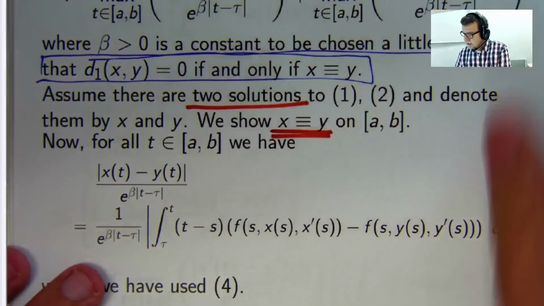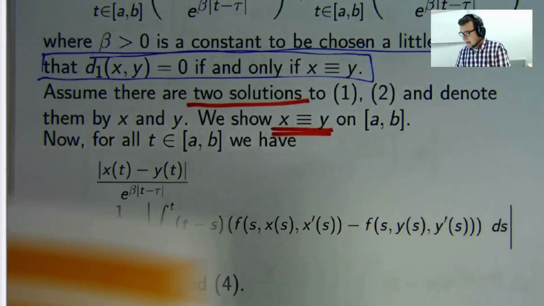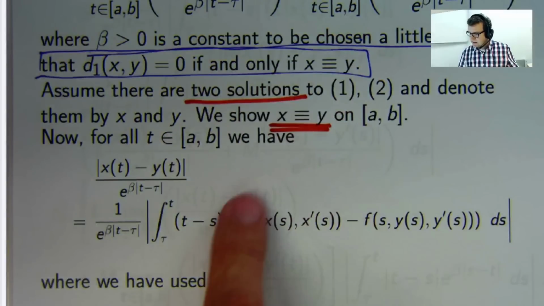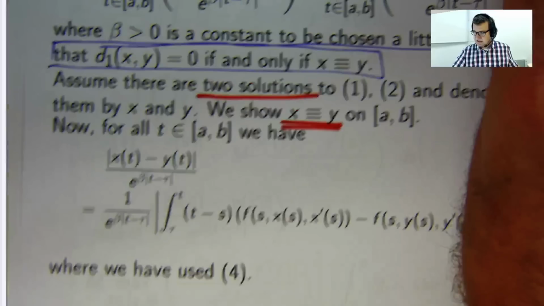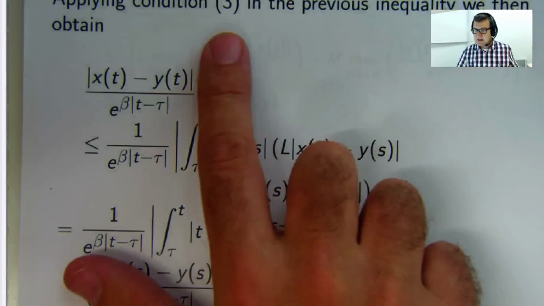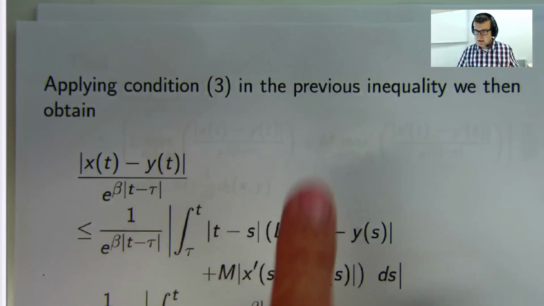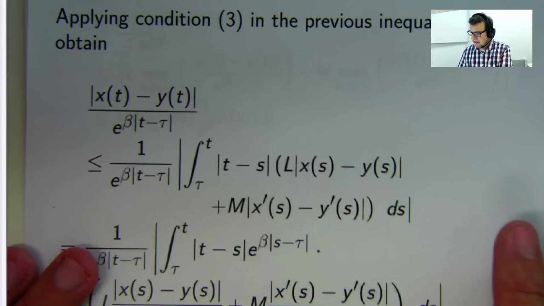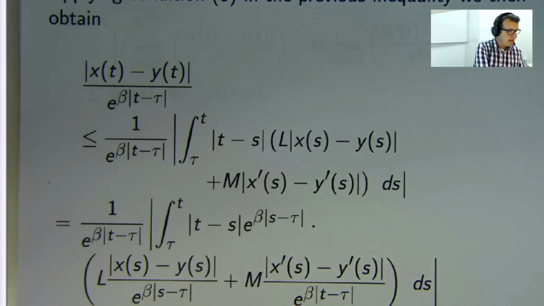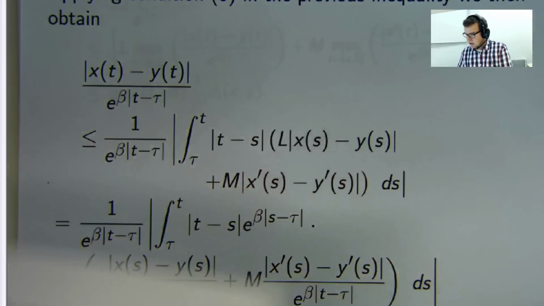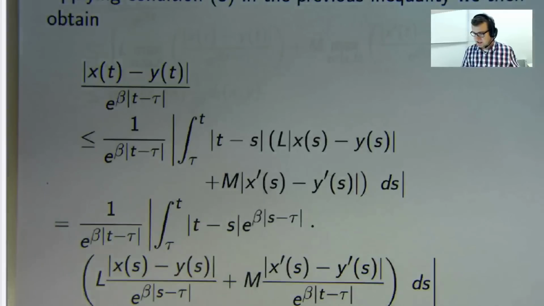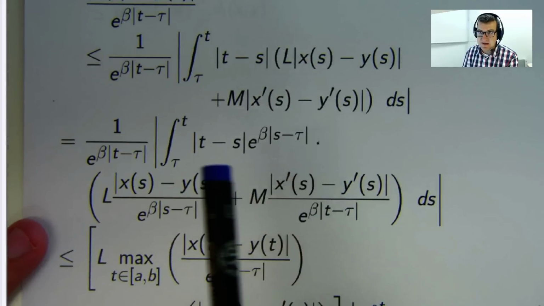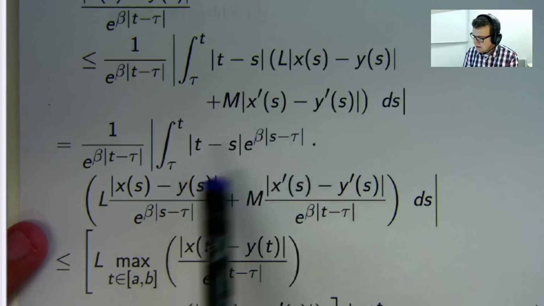Well, we're going to now apply our Lipschitz condition 3 to this. So let's see if we can do that successfully. Applying the Lipschitz condition, we end up with this. So we get a bit of a mess here now. And this is starting to look a bit like the D1 metric. So what I've done now is, been a bit sneaky here, I've inserted an exponential up here and down here.